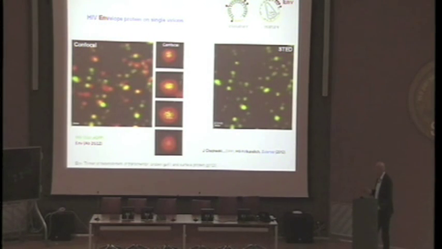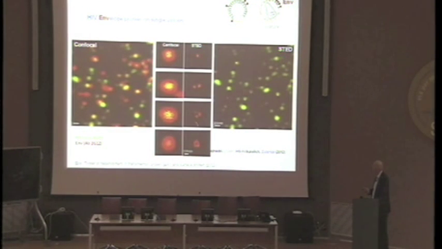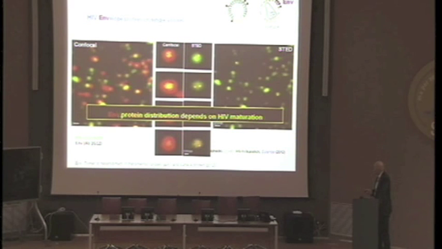So we did it. Confocally, no way to see anything because the virus is smaller than the diffraction barrier. Then with STED, we could see that this protein here forms these little structures in here, or these arrangements. And as it turned out, if you correlate it with the size of the particle, this distribution of protein depends on the maturation state of the HIV particle.